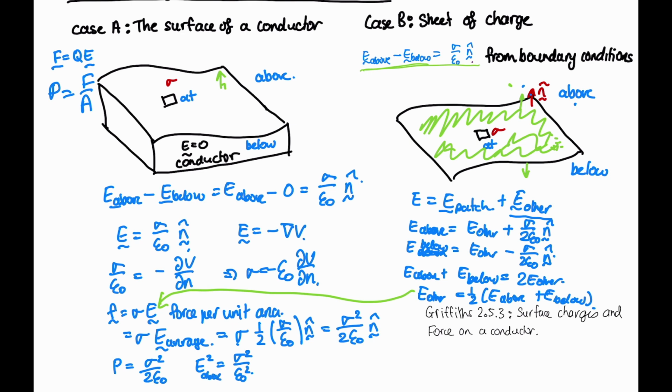And so this tells us that P is equal to epsilon naught on 2 times E squared, where E here means the electric field above the surface. So this gives us the electrostatic pressure, and this is called electrostatic pressure. So these equations will come up in the future, which was why it was important to derive them.